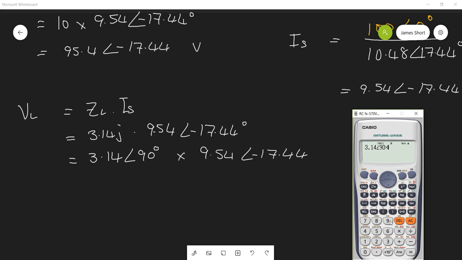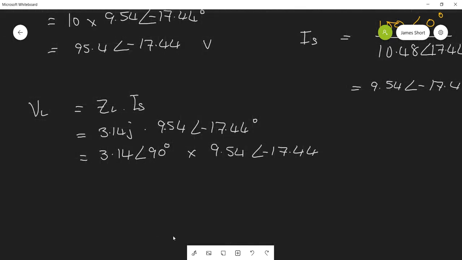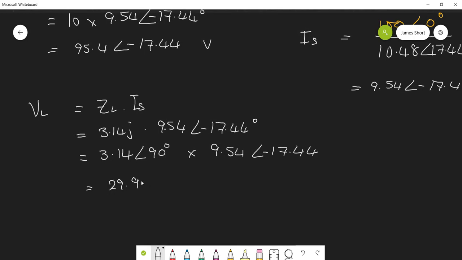I'm going to multiply that by the current, which is 9.54 with a phase shift of minus 17.44, and we'll convert that directly into polar, and that comes out at 29.95 at an angle of positive 72.56 degrees.